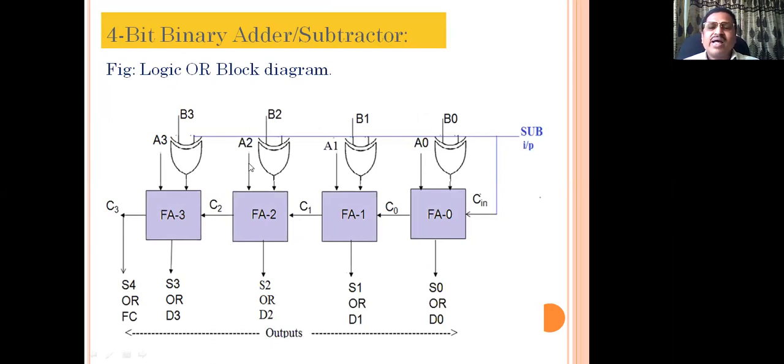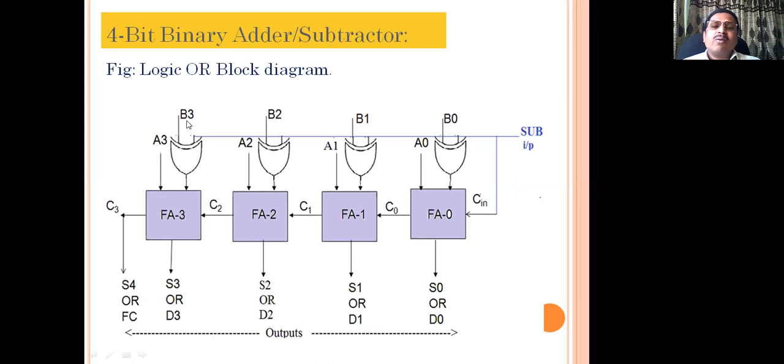Along with them, 4 XOR gates are used, whose one input is taken in common as the subtract input. The same input is applied as the carry in for the full adder at position 0.